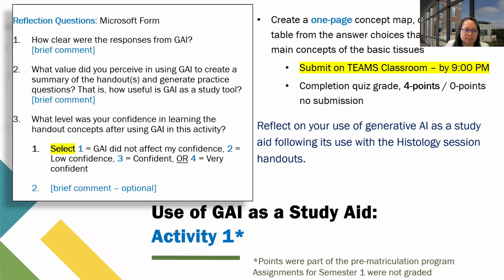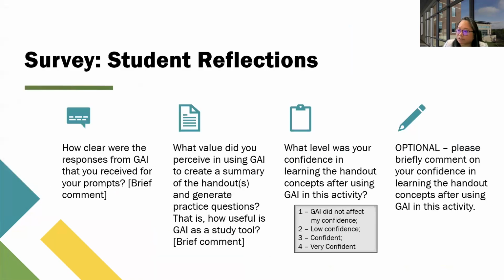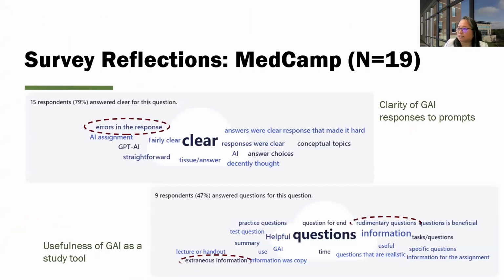So what were the outcomes? With the student reflections, these are the questions that were asked on the Microsoft Form, and these were the responses. For MedCamp, most of the reflections came from our MedCamp students, who then started semester one in late July. We had 19 students respond.